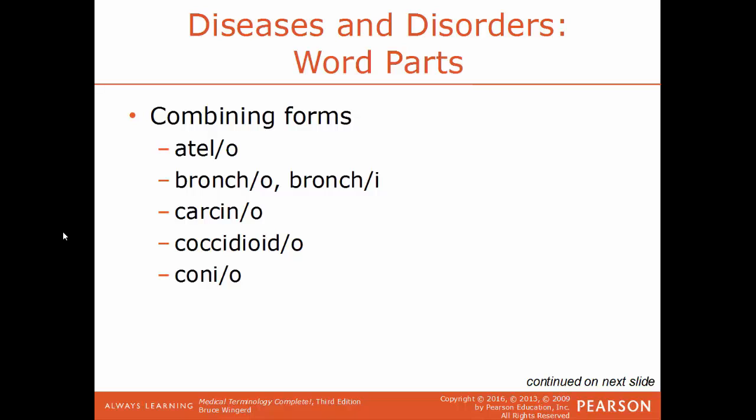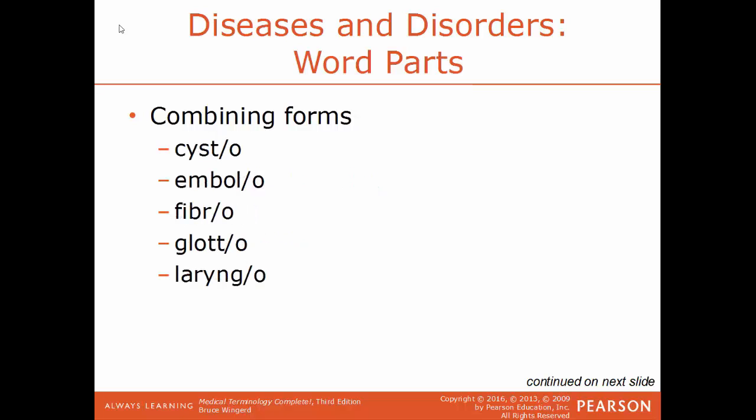Carcino is a reference to cancer. A carcinogen is something that causes cancer. Coccidioid is a reference to a very particular type of fungal infection. Full version of this combining form you'll see when we get to the particular diseases. And last term on here, conio, is a reference to dust.